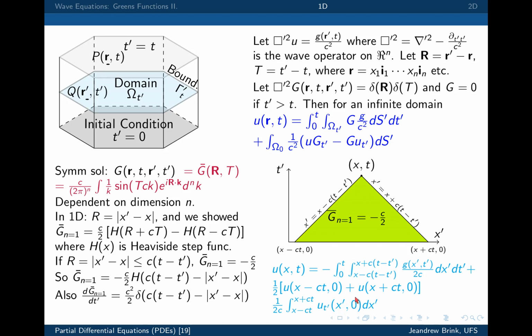Okay. And this thing is exactly D'Alembert's solution that we derived earlier when we actually showed the function could be separated into two different functions, and we actually found the expression for those functions in terms of the initial condition.